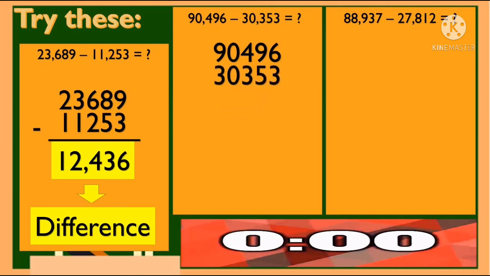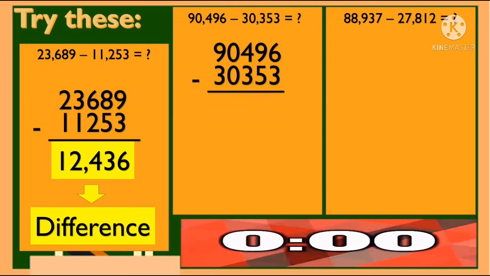30,353. Again, what do you call this one? 90,496. Minuend. Very good. How about 30,353? Subtrahend. Good job. And of course, don't forget our symbols.